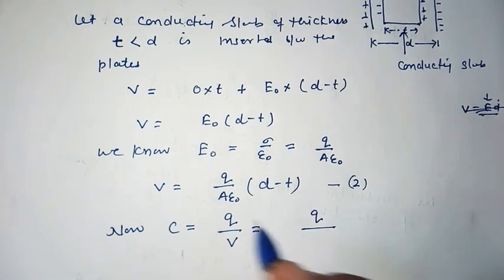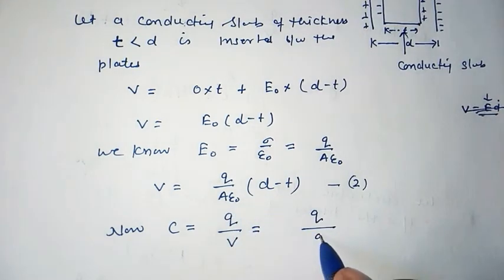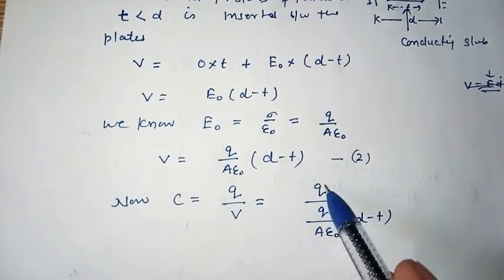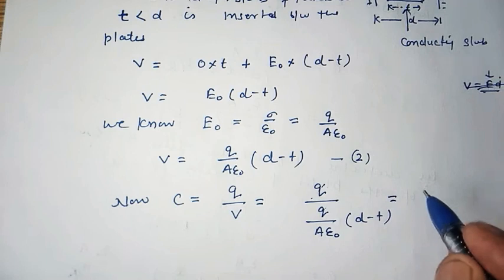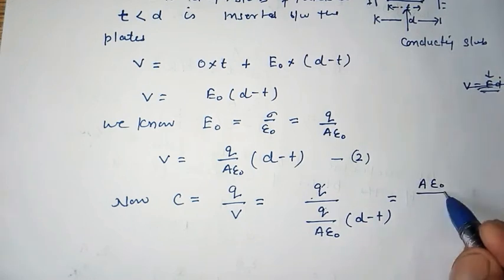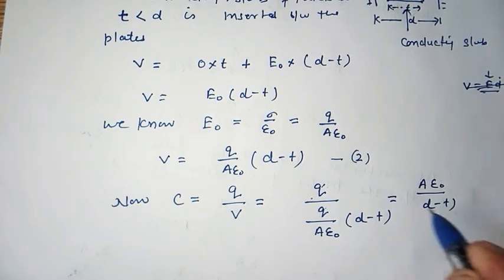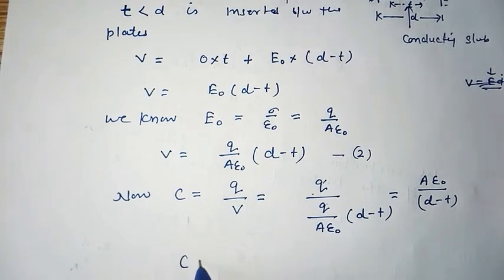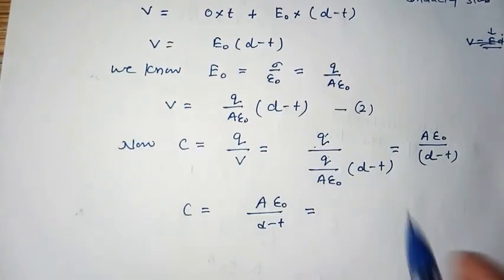So Q upon V, we put the value of V, Q upon (Q upon A epsilon 0) into D minus T. So this Q will cancel out, and you are left only with A epsilon 0 upon D minus T. So capacitance is equal to A epsilon 0 upon D minus T. Take D common here.